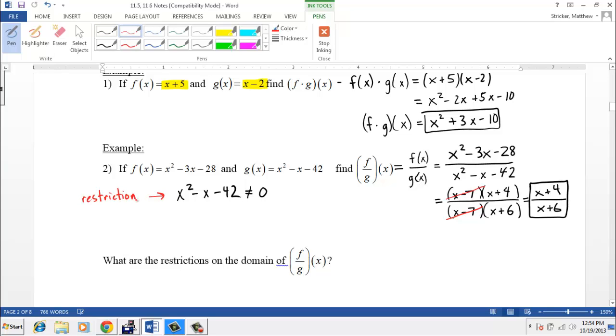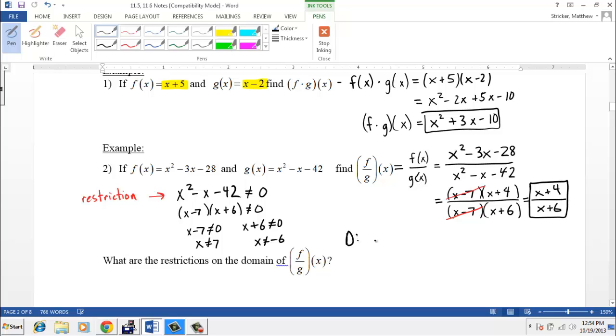Well, if it can't equal 0, what values of x here would make it equal to 0? Well, that would be true if we had x minus 7 and x plus 6. That would make it equal to 0, which would mean that x minus 7 can't be equal to 0 and x plus 6 can't be equal to 0, which means x can't equal 7 and x can't equal negative 6.